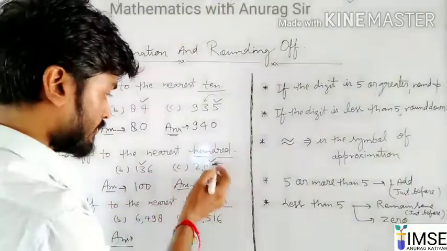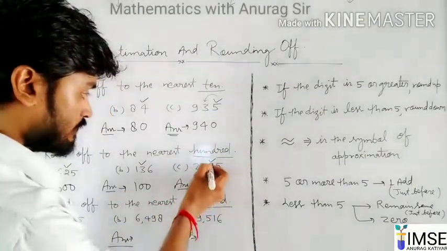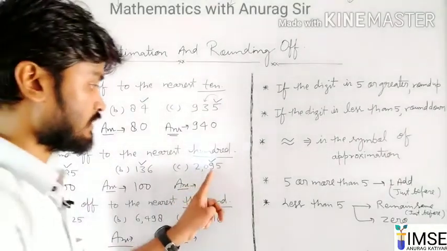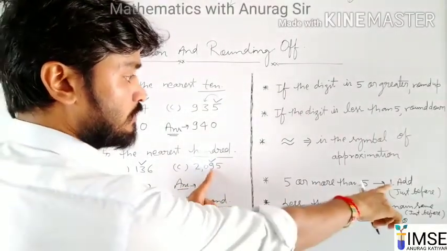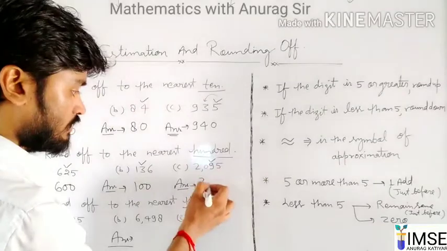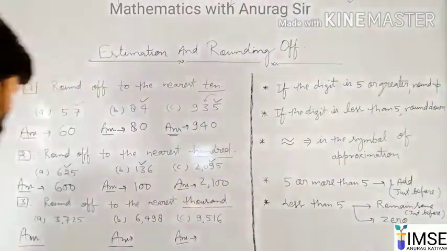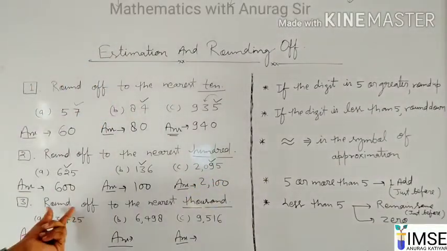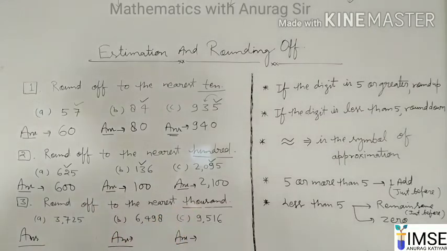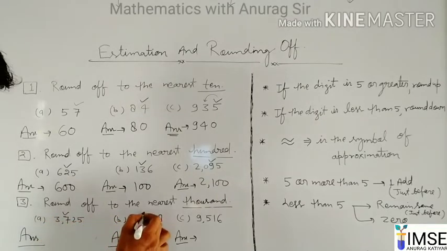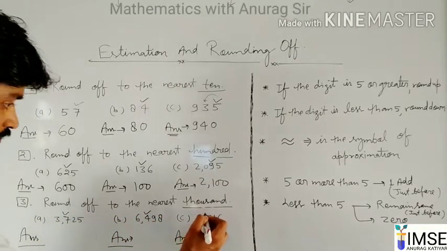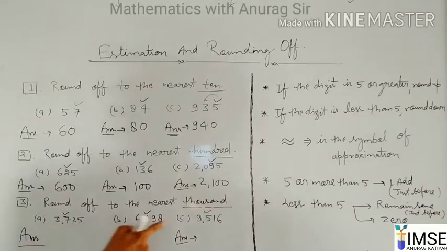Here the tens position digit is 9, which is more than 5, so we add one to the digit just before, and it becomes 2100. Now take the last part, round off to the nearest 1000. Nearest thousands means we focus on the hundreds position digits: 7, 4, 5.